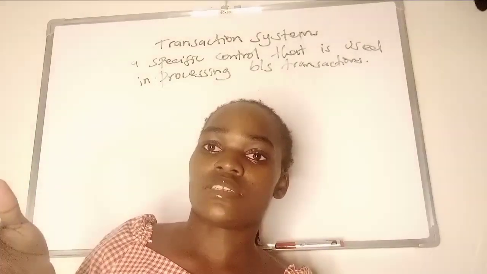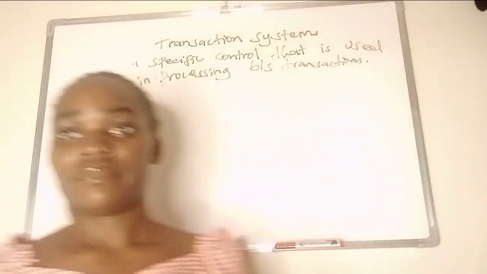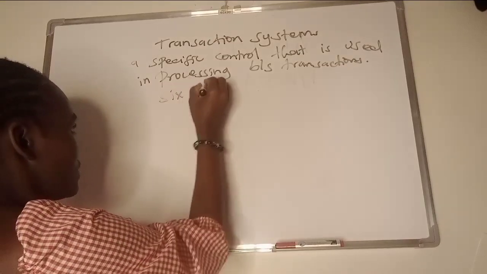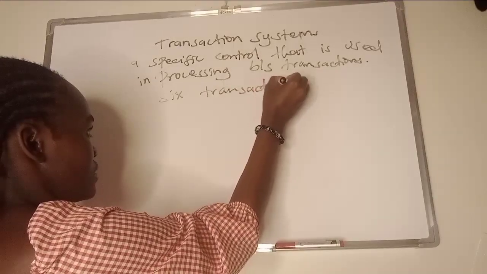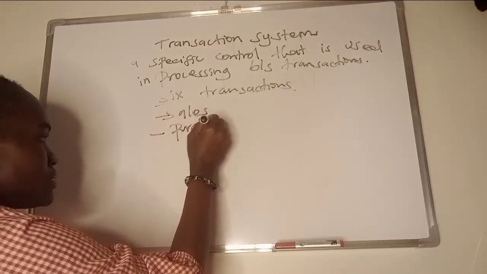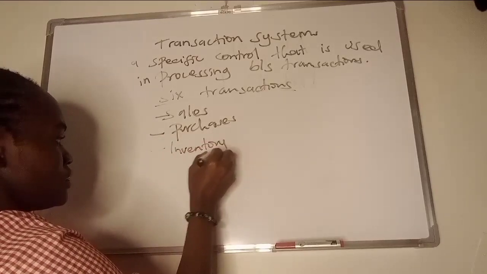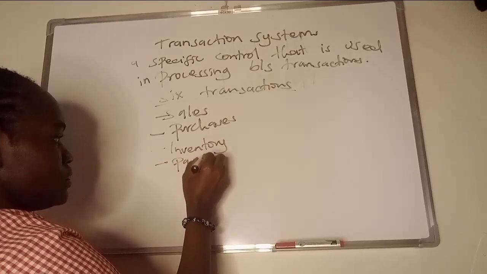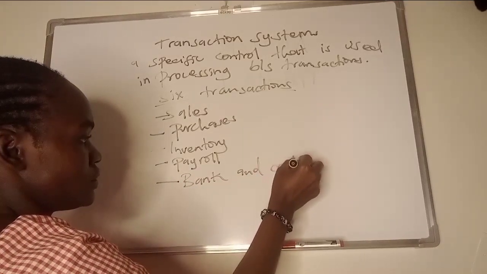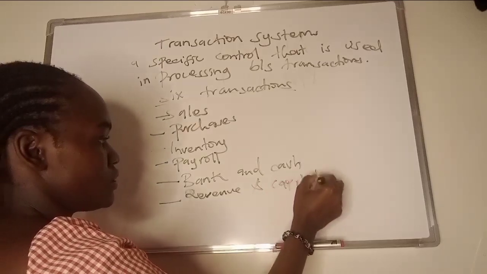It is used in processing business transactions, and big entities have 6 transactions, whereby we have sales, purchases, inventory, payroll, bank and cash, revenue, and capital expenditure.